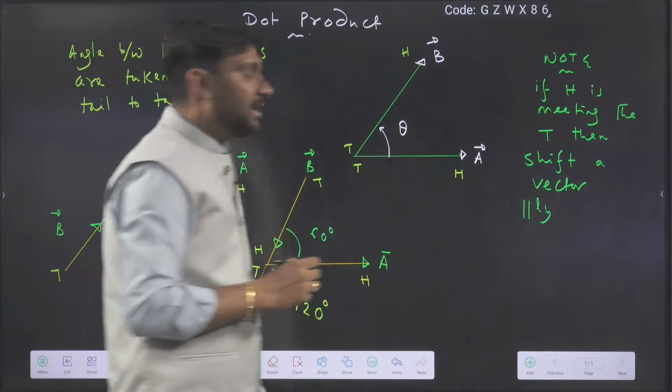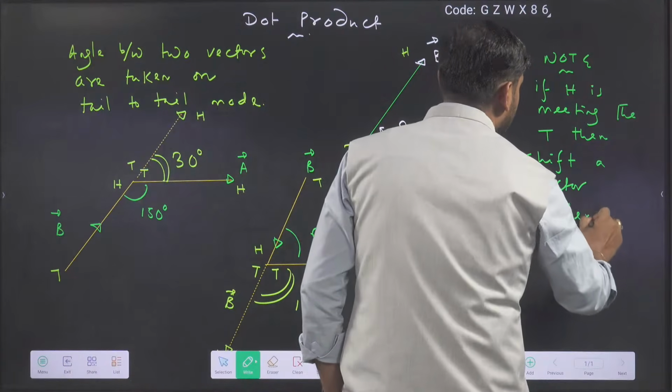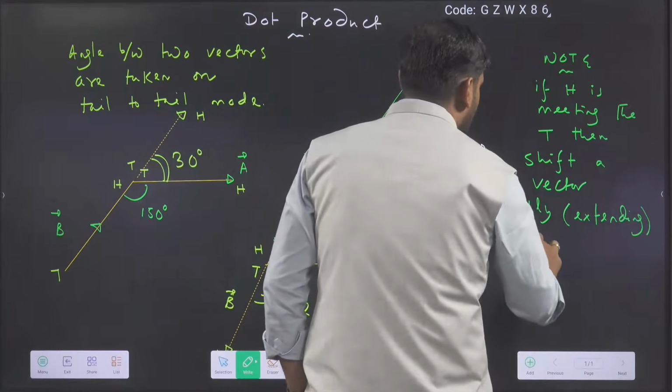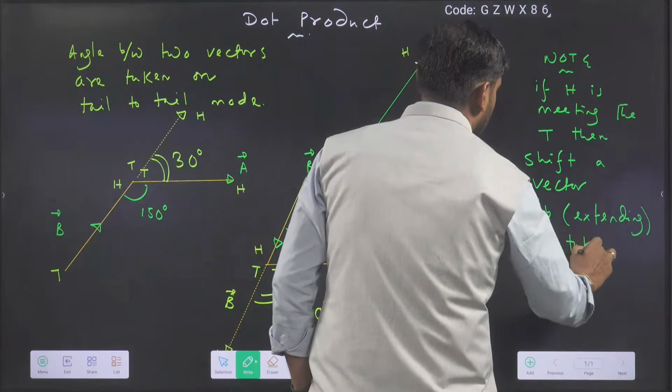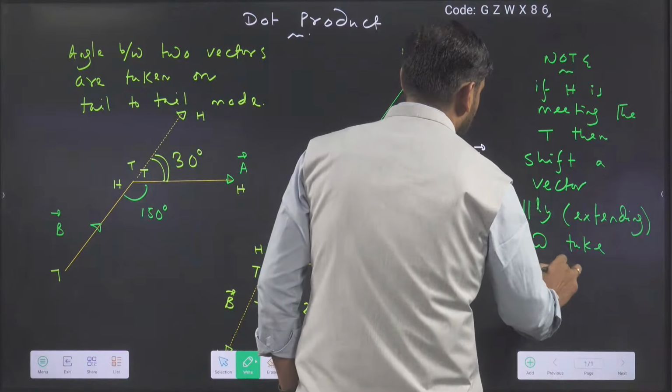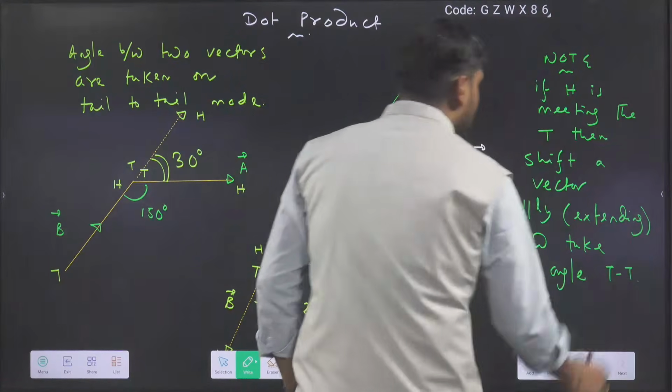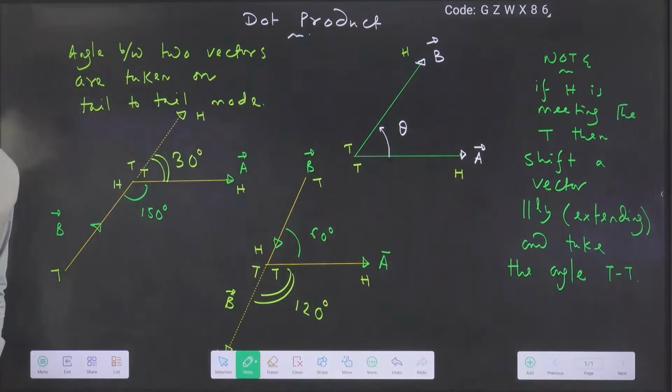Shift a vector parallelly can also be written as extending parallelly, and take the angle tail to tail. That's the concept.